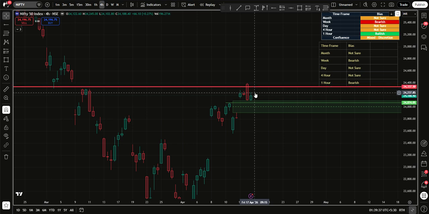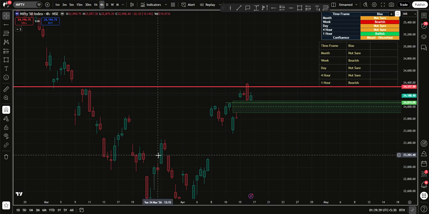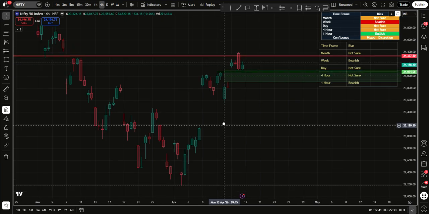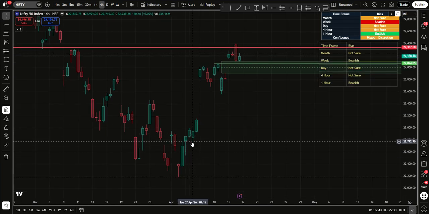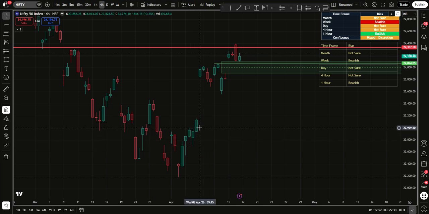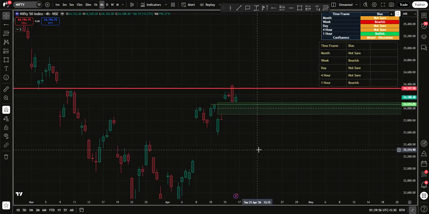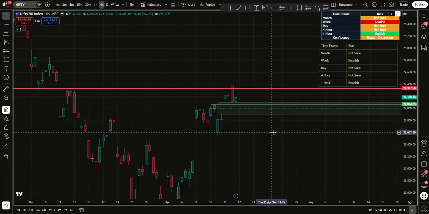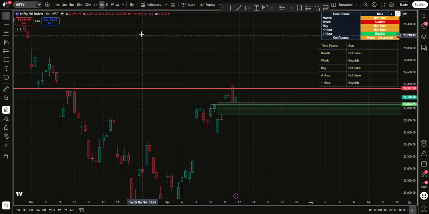A swing high or a swing low is a three candle formation. So if you look here, it's a swing low because the low of the candle in the middle is lower than the low of the candle on either side. So that is how you define a swing low. I cannot define that here, so it is not sure on a 4 hour time frame.